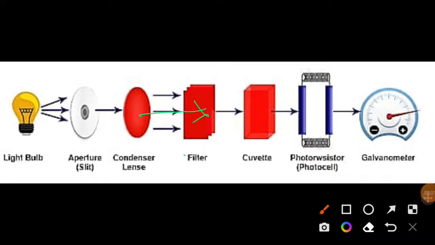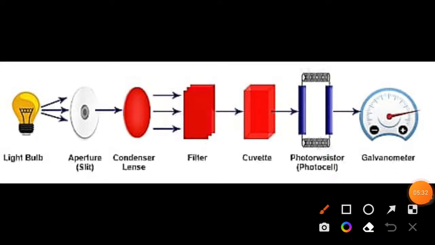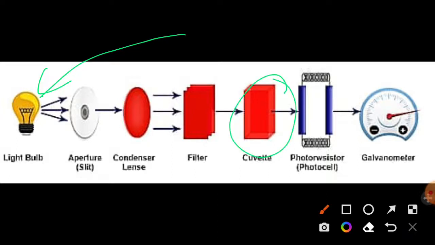Now the light is passed through the filter. Let's concentrate from here. What is the utility of the filter? I told you that the tungsten filament provides light of various wavelengths, but we need light of a particular wavelength to detect the concentration of the biochemical compound present in the cuvette. Suppose the biochemical compound is DNA.